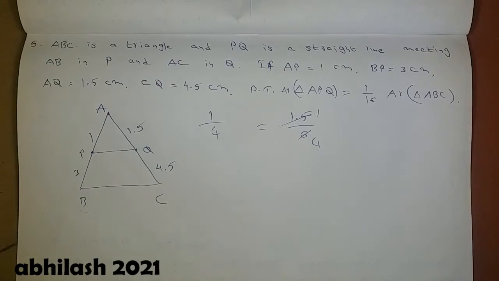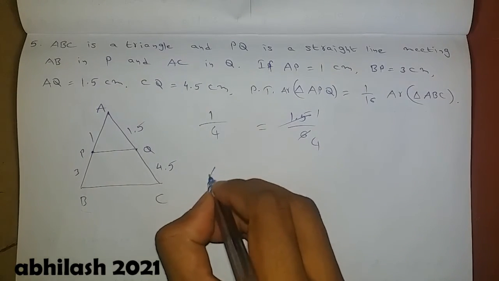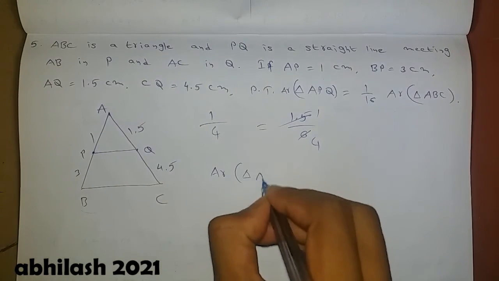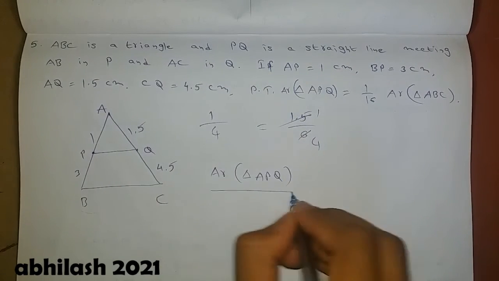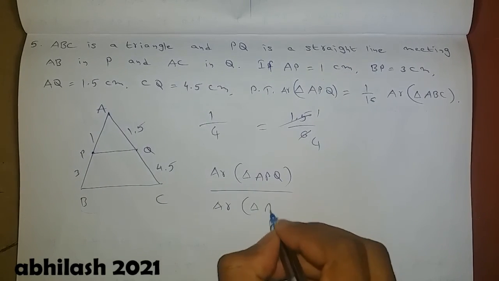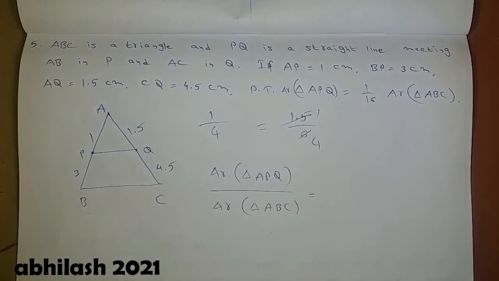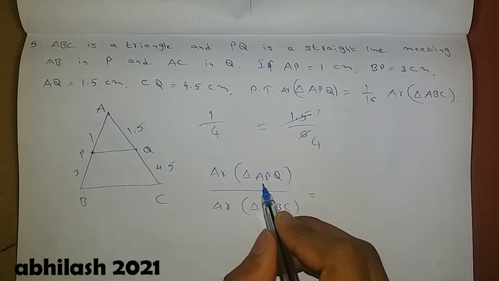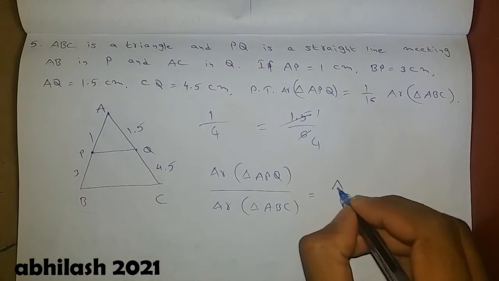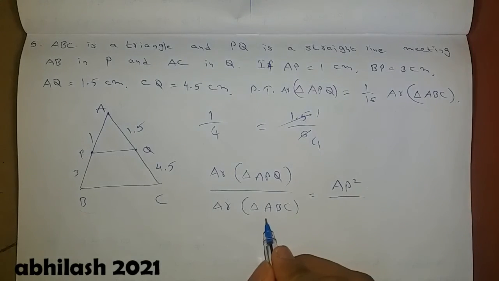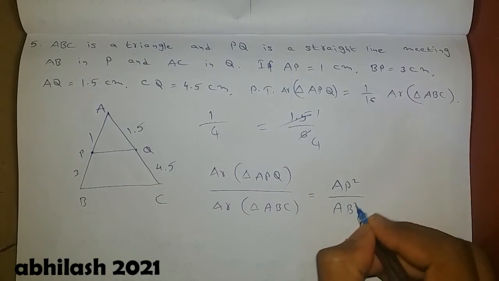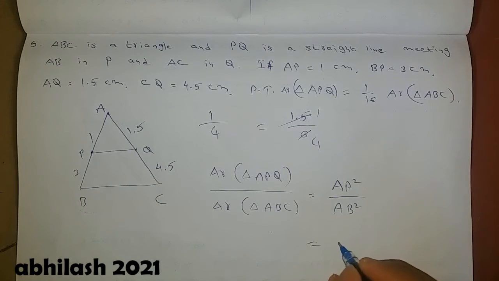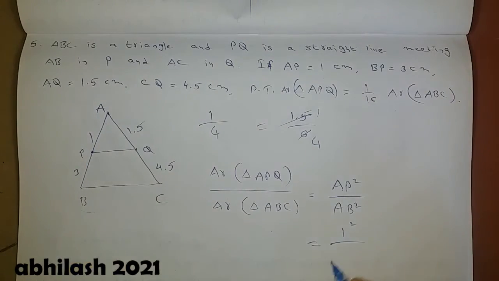If those two triangles are similar, the area of triangle APQ divided by the area of triangle ABC is equal to, for the first triangle I am taking AP square, and from the second triangle AB square, which is equal to AP is 1, so 1 square, by AB is 1 plus 3, 4 square, which is nothing but 1 by 16.